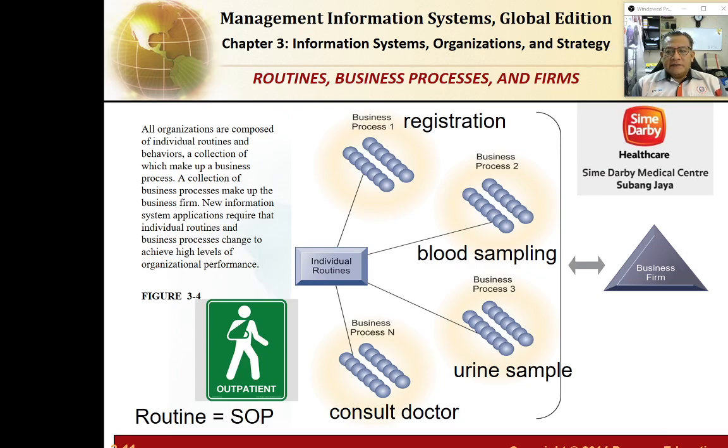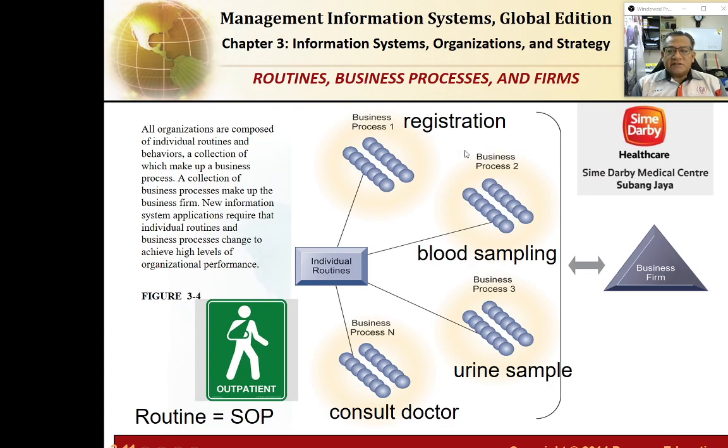Then after that, they will proceed with taking the urine sample. After getting both results, perhaps after 30 minutes or 1 hour, the result is available to the doctor, and only then can the outpatient see a doctor for consultation.